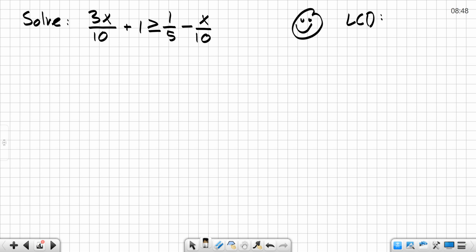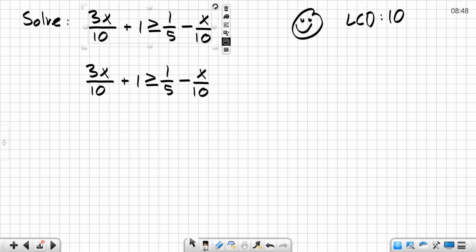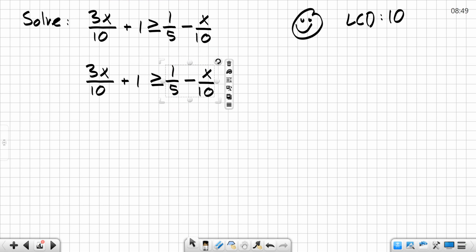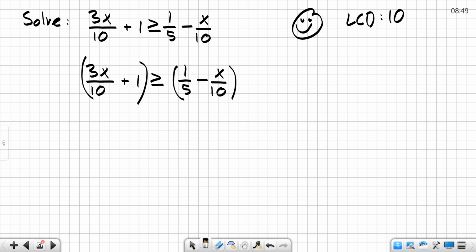Between 10, 5, and 10, the least common denominator is 10. So I will take this inequality and simply multiply everything by the least common denominator. This should look like a déjà vu for you because this is the same thing that you did when we were confronted with fractions solving linear equations.